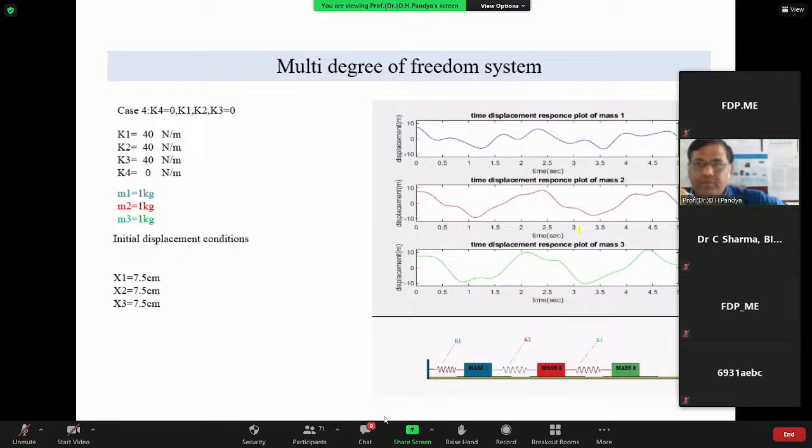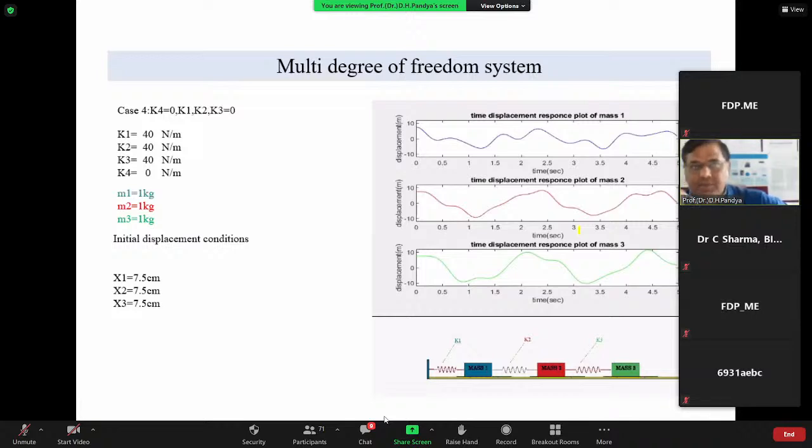Now the first question comes: why do we have to study the dynamic motion behavior? And why do we have to study the dynamics? Dynamics is a pre-design subject. Yes, a number of students are interested in becoming design engineers, and for them dynamics is essential.